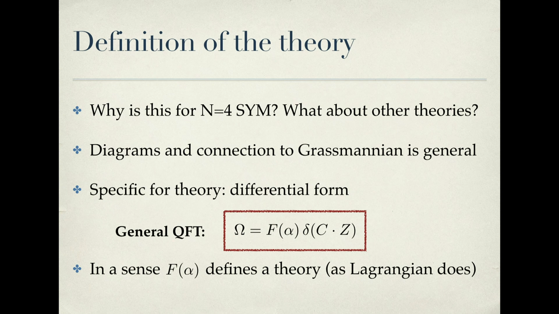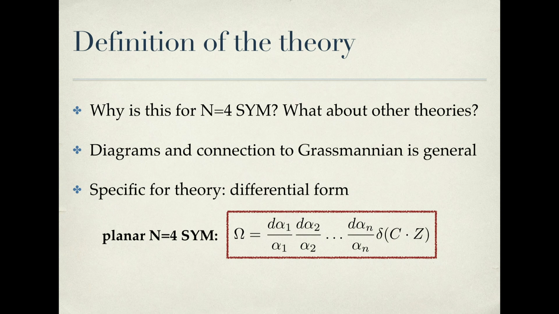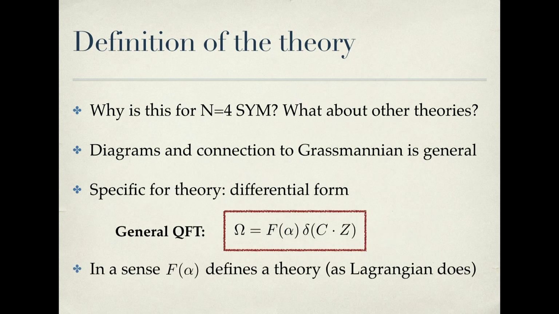We know it in supergravity, we know it in planar QCD, but not in general. There is no way to say for all theories what this form is, but it's an open question. It should exist, so somebody should find it.